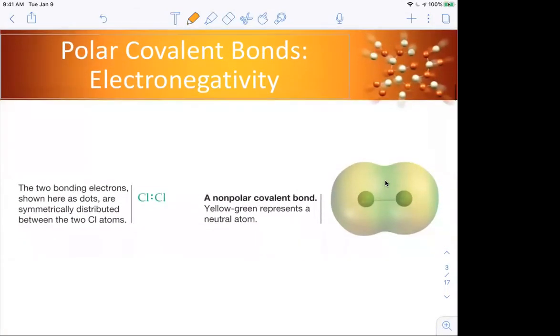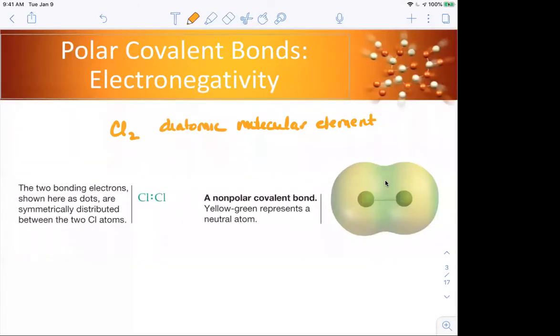So here's an example of something that is pretty much completely nonpolar covalent. If I look at Cl2, the diatomic molecular element of chlorine, I have two bonding electrons, which are shown here as dots.